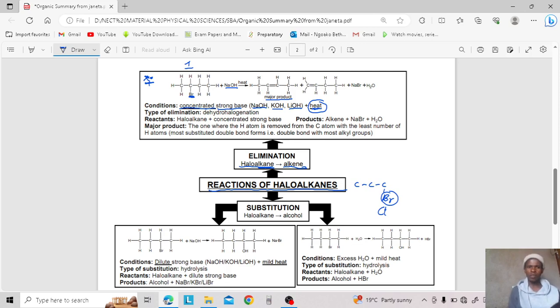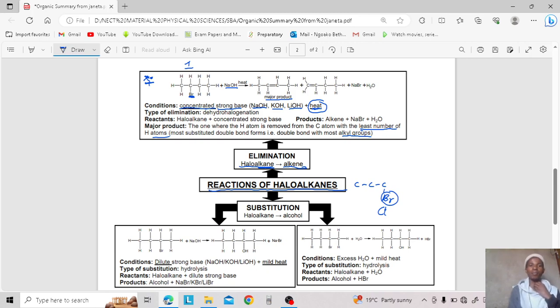Now, to remove an H on this structure, we remove Br, but we also need one H. For the major product, the H atom is removed from the carbon atom with the least number of hydrogen atoms. The most substituted double bond forms, i.e. the double bond with the most alkyl groups.